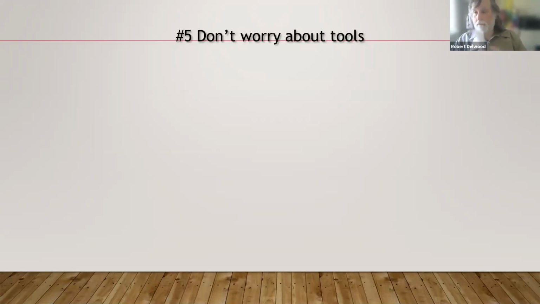Number 5. Don't worry about tools. Too often tech writers get caught up with the concept that they are their tool. So a person may know Flare, and they limit their world to Flare.